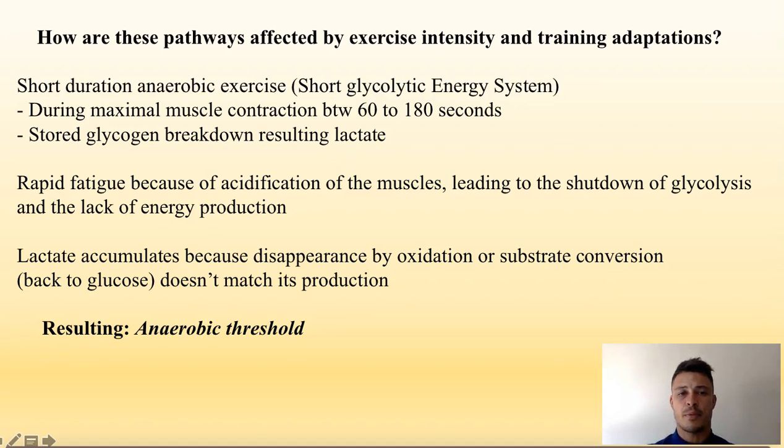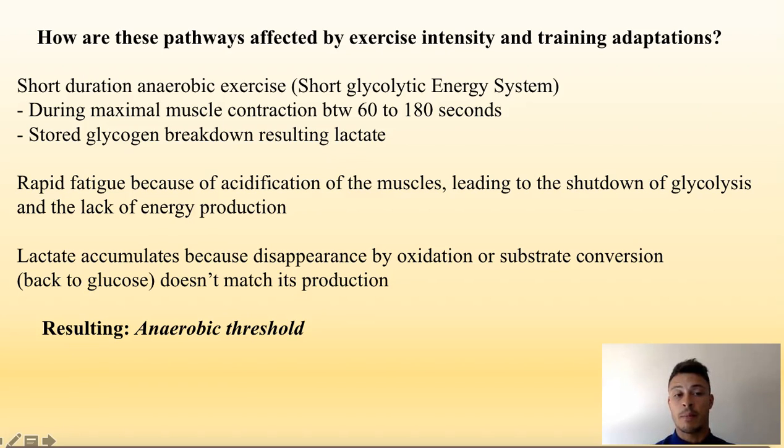How are these pathways affected by exercise intensity and the training adaptation? Short duration anaerobic exercise during maximal muscle contraction will result in a quick lactate buildup, a lactate accumulation.